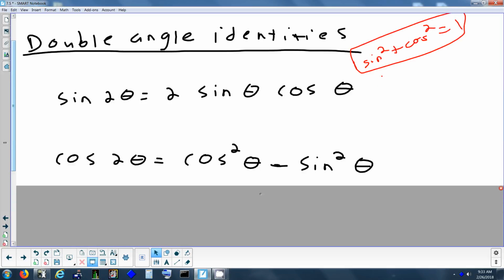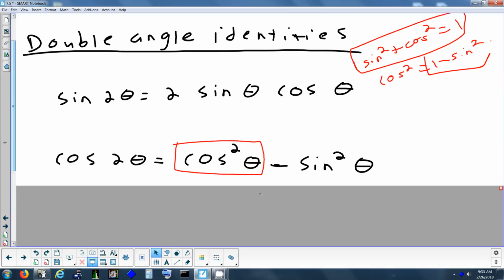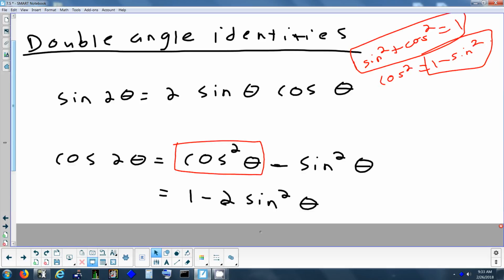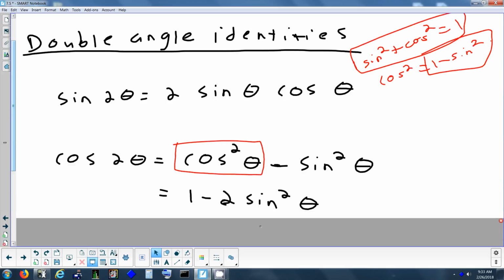For example, if you take cosine squared and subtract sine squared, bring it to the other side. Cosine squared is 1 minus sine squared. If you replace that with that, because that's what cosine squared equals, you get that.